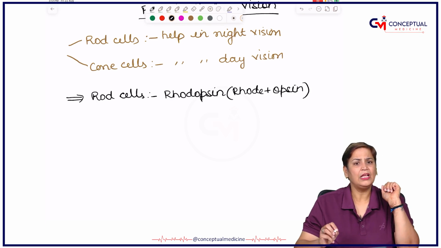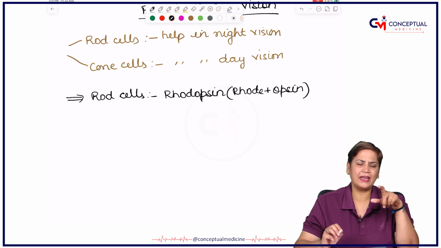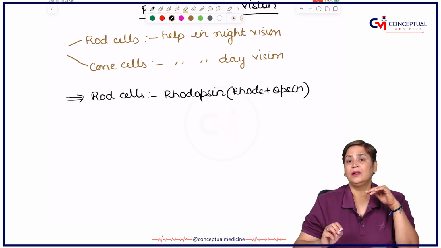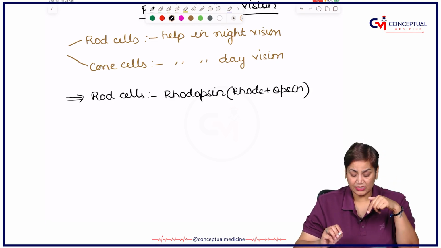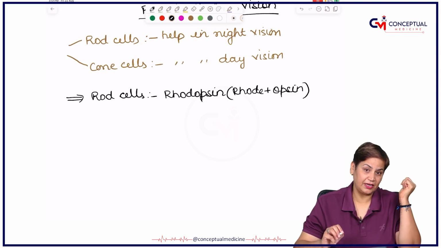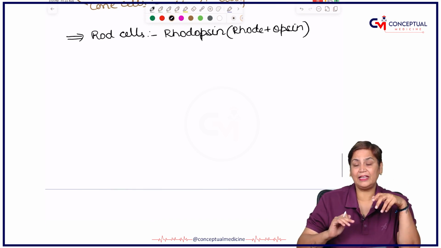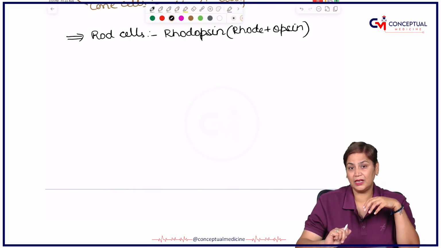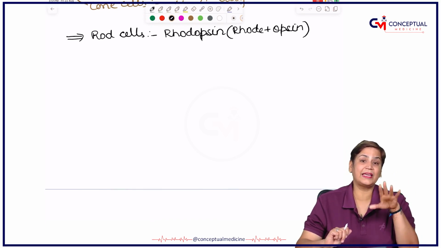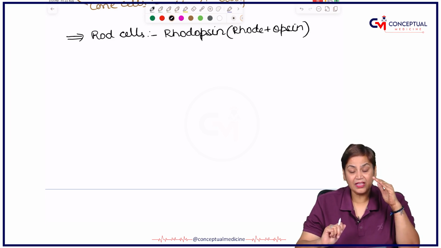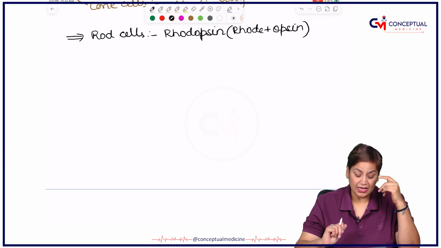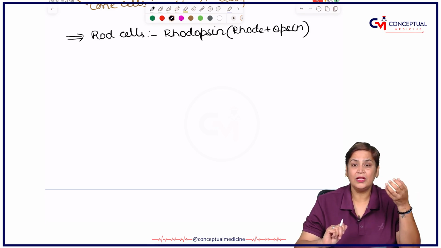Whenever we are entering from the bright light to dim light, this rhodopsin will immediately be generated. Now the question is, I told you retinal. Which form of retinal activates this rhodopsin, and what is the role of a second messenger in this? Everything is interrelated. They are going to give a message to the second messengers that now this process has to be opened up.